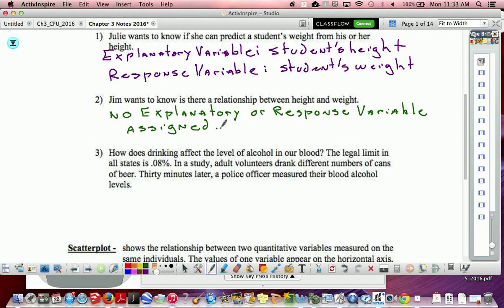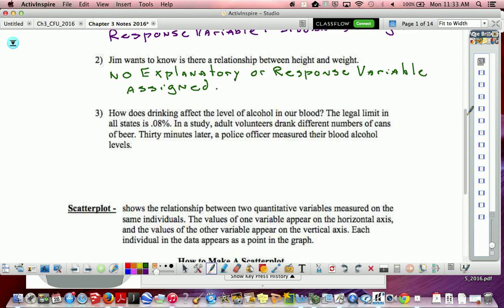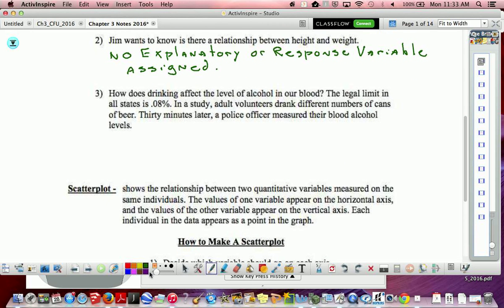But many times they'll be like number 3, where we're doing almost like an experiment. Number 3 says, how does drinking affect the level of alcohol in our blood? The legal limit in all states now is 0.08%. In a study, adult volunteers drank different numbers of cans of beer. 30 minutes later, a police officer measured their blood alcohol content.